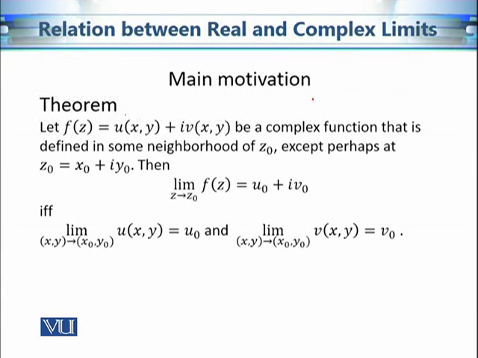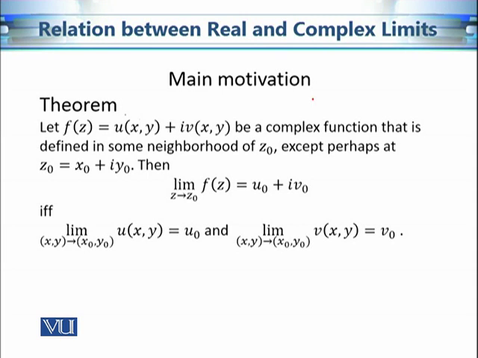Now what is the main motivation of this connection? The main motivation is this theorem that we will be proving in our next discussions. This theorem states a very precise connection between the limit of a complex valued function and the limit of these multivariable functions u and v.